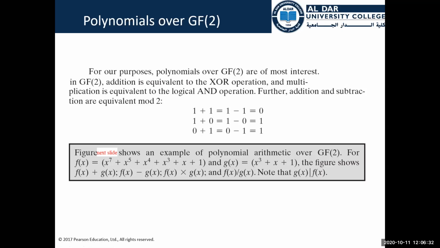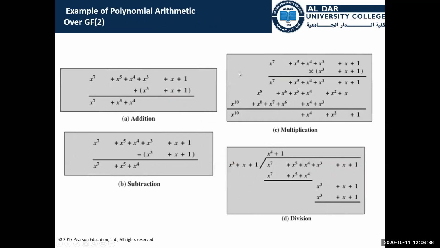Okay, I will show you now an example on how to make addition, multiplication, subtraction, and division over GF of 2. Take care, this is GF of 2. Let me open back my camera to be able to show you how to do that manually.